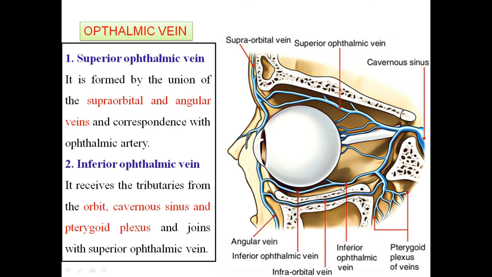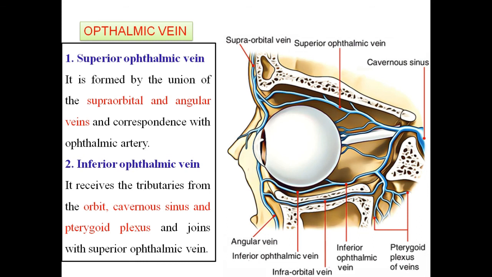The inferior ophthalmic vein receives tributaries from the orbit, and communicates with the cavernous sinus and pterygoid plexus through the emissary vein to the deep facial vein, and joins with the superior ophthalmic vein. Here you can see the superior ophthalmic vein. So that's why an infection of the face can directly communicate with the superior ophthalmic vein and inferior ophthalmic vein.